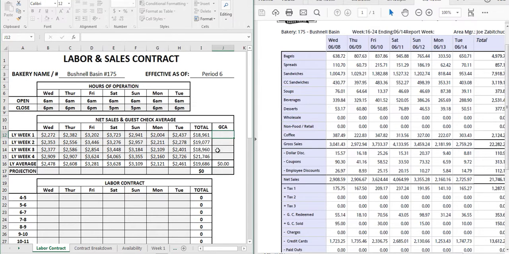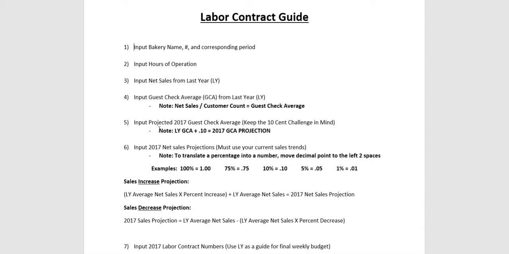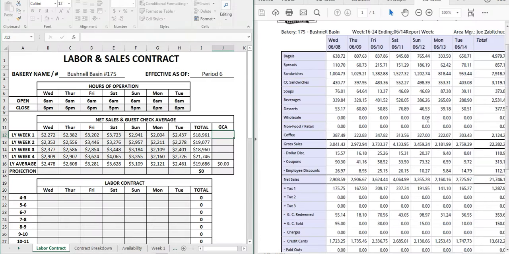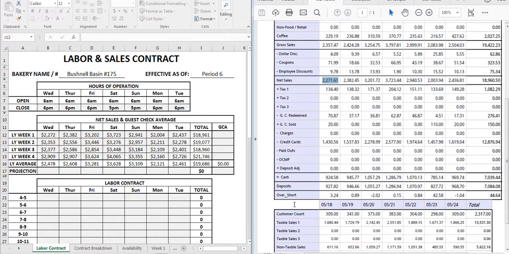So the next step is to get your guest check average. From a math perspective, your guest check average is your net sales divided by your customer count. So going into week 1, we'll have to go back to your sales details.